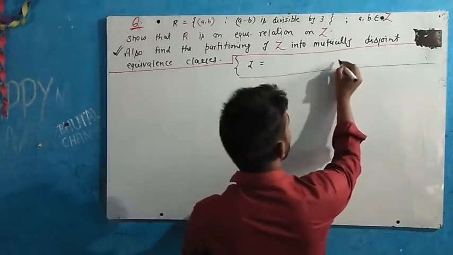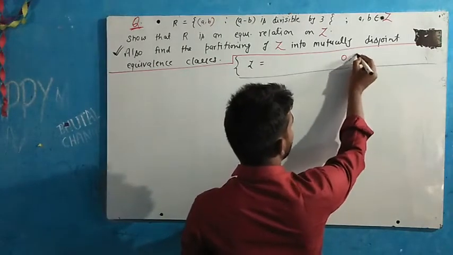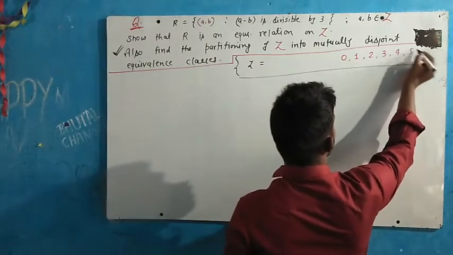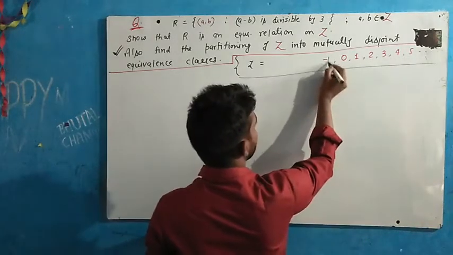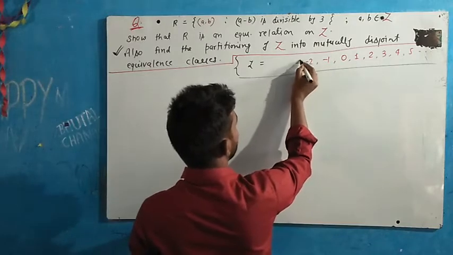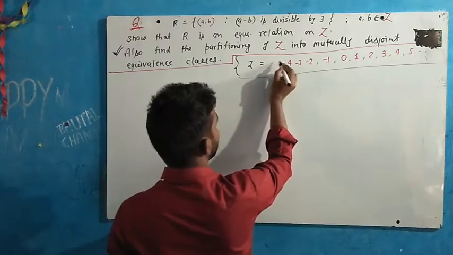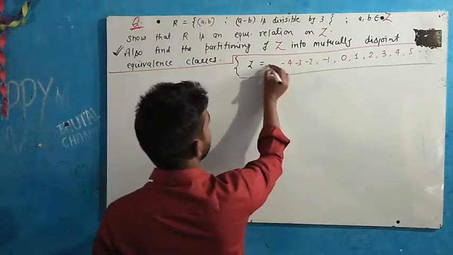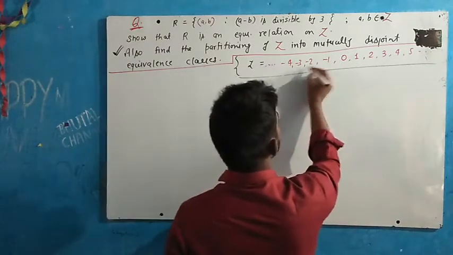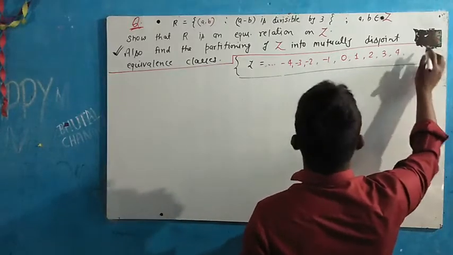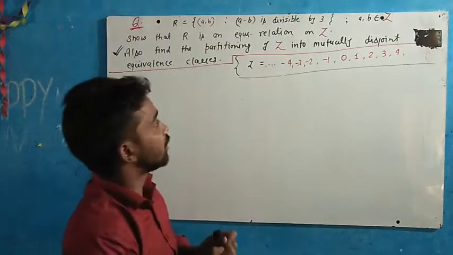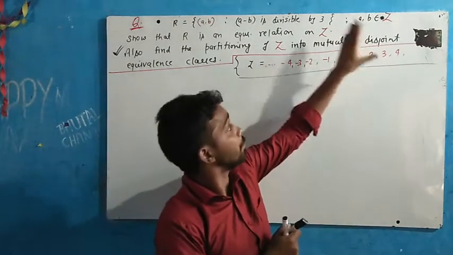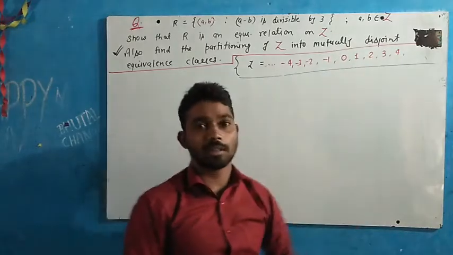First 0, after that +1, +2, +3, +4, +5, dot dot dot, and here -1, -2, -3, -4, and dot dot dot up to infinity, like that. Clear? Now here what we have to do is break this Z into mutually disjoint equivalence classes. Clear?